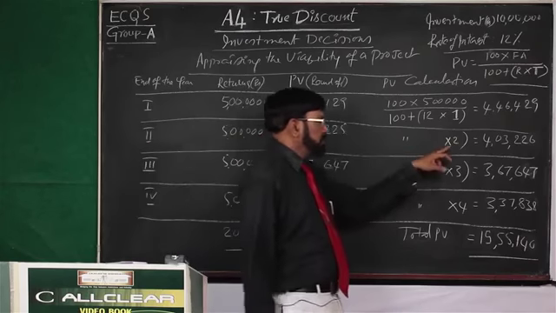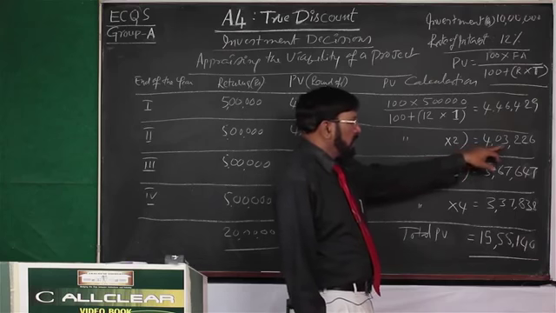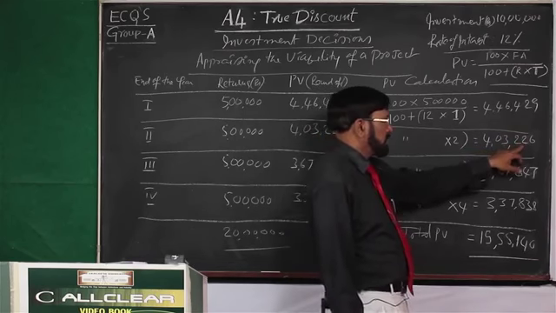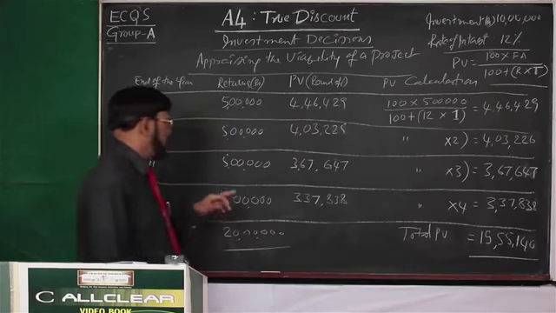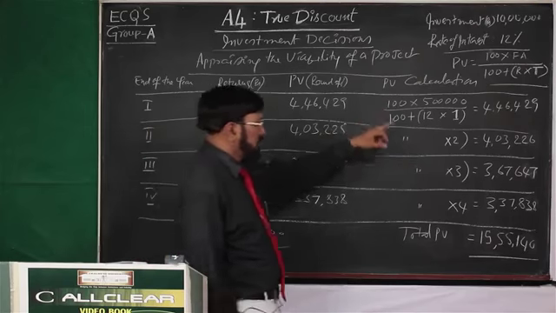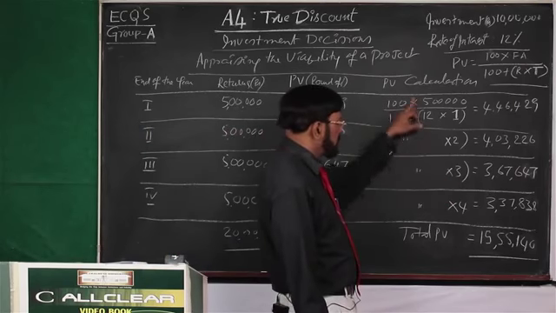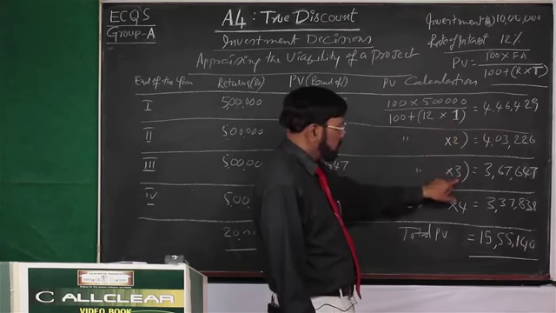In the same way, at the end of second year, 5 lakhs return. Then it should be properly discounted, and the present value is 4,03,226. Next, in the same manner, at the end of third year, 5 lakhs return. It should be discounted using the same formula. Here, the entire formula is the same except time difference, 1, 2, 3.